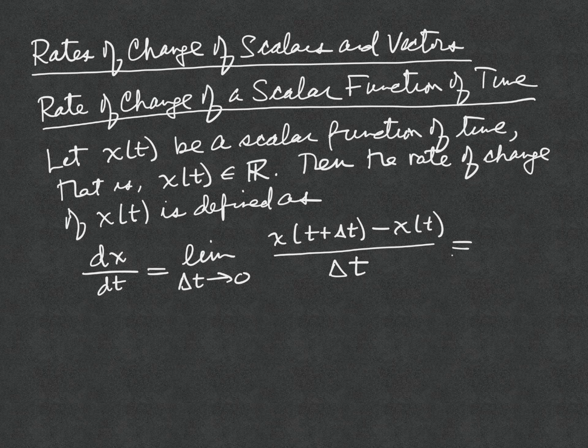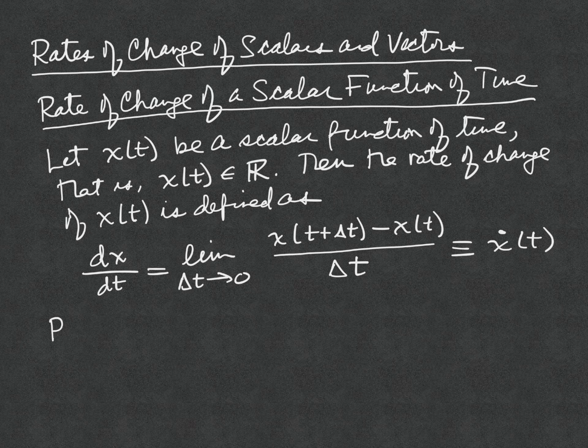And this is abbreviated x dot of t. Put a dot over the x. That means dx dt.